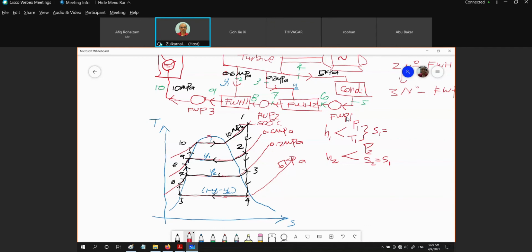Any comment on that value? Same answer, sir. Same value. Okay. We haven't got any answer, right? So based on 10 megapascal, S is 6.9045, correct?